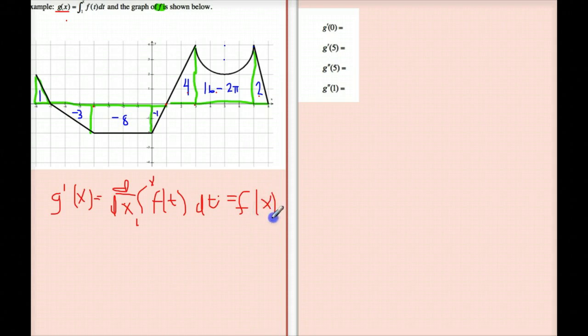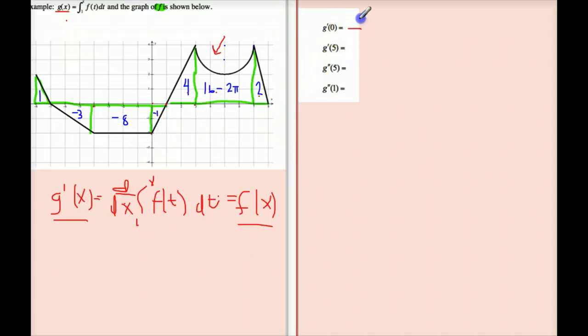Right? So I notice this graph is actually the graph of the derivative. So g prime of x is actually the same as f of x. I go to 0 and I see that the point is 0, comma, negative 2.